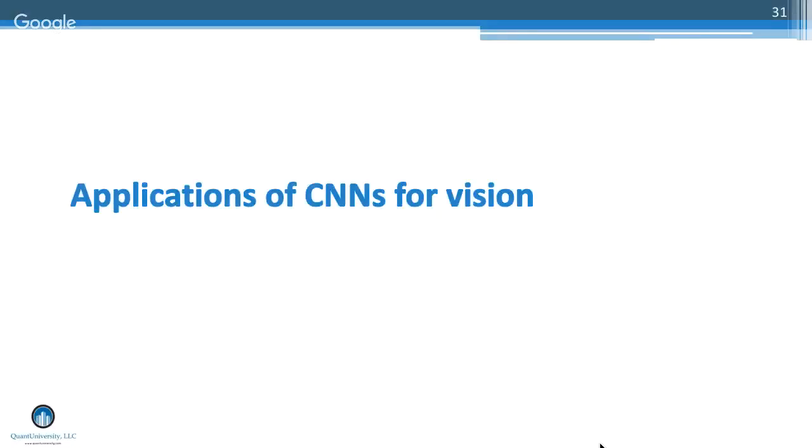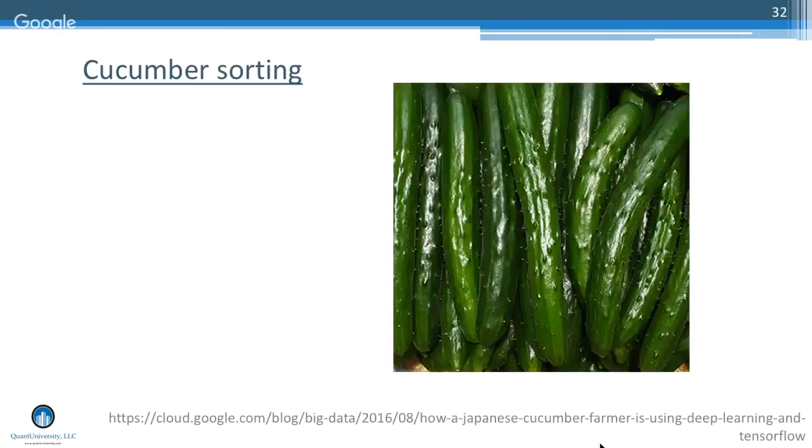So that's the basic idea for convolutional networks. So let's talk a little bit about where they're being used in vision, and then we'll talk about where they're used not in vision. This was just a funny blog post from last year on Google's blog about cucumber sorting, right? So the infrastructure is at the point where people can actually use this for relatively small scale problems.